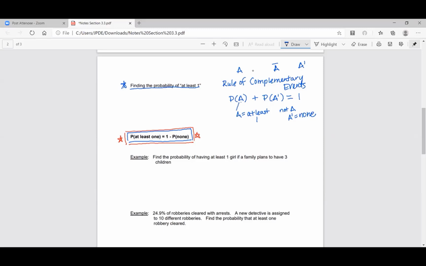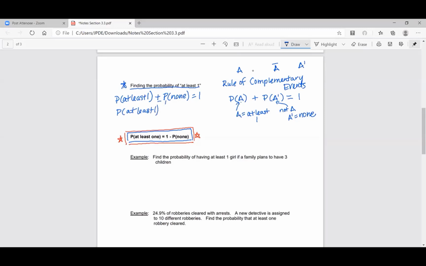So this is the event. This is the complement. So the probability of at least 1 plus the probability of none equals 1. It's just an extension of that rule of complementary events. And then we can solve for the probability of at least 1 using algebra.